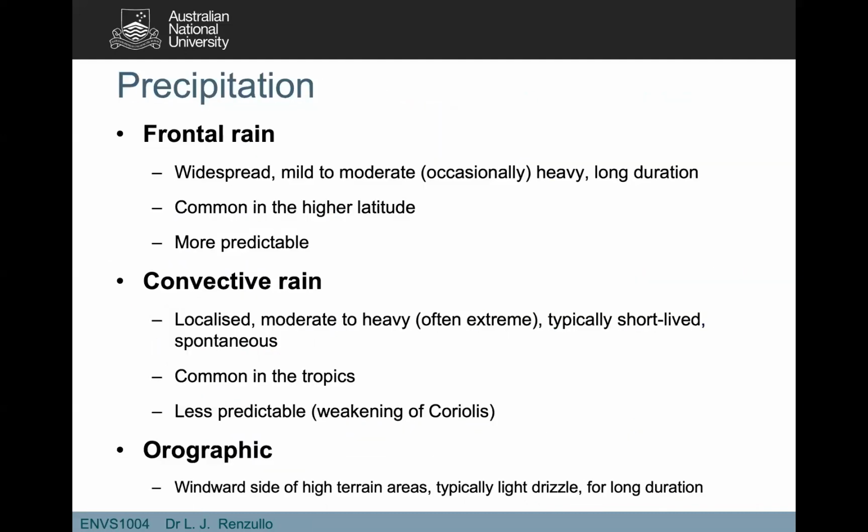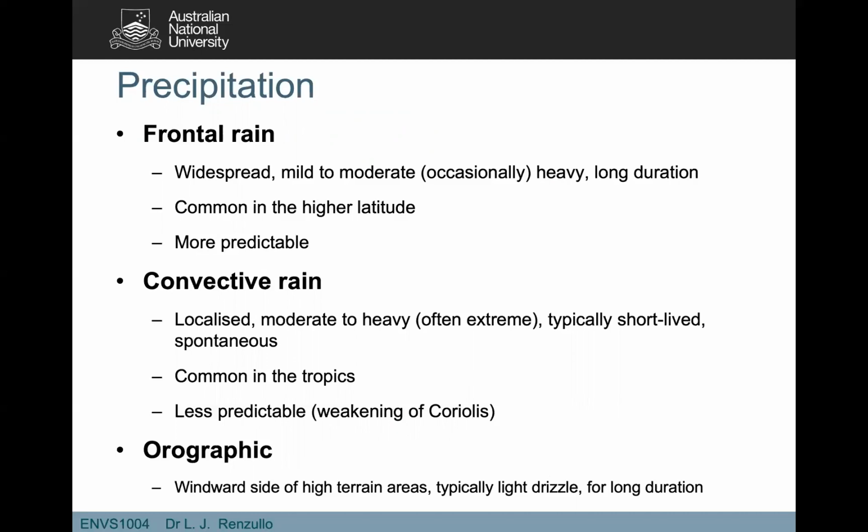So to summarize that bit, we have frontal rain. It's more widespread. It's typically mild to moderate in intensity, can occasionally be heavy, but it is typically long lasting. It's more common further south in Australia, or just across the world, in the higher latitudes, further away from the equator.